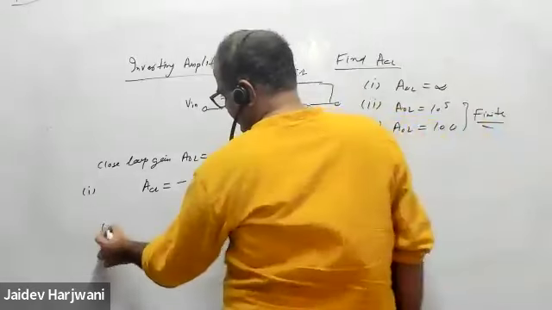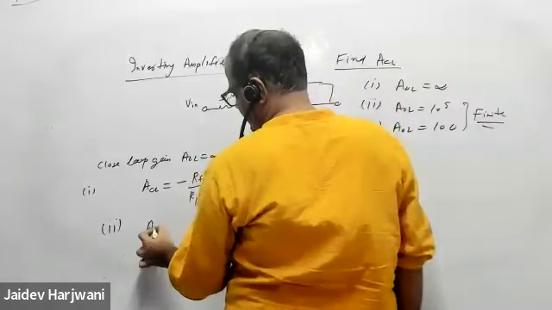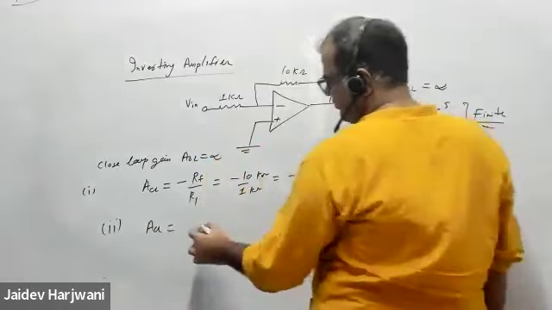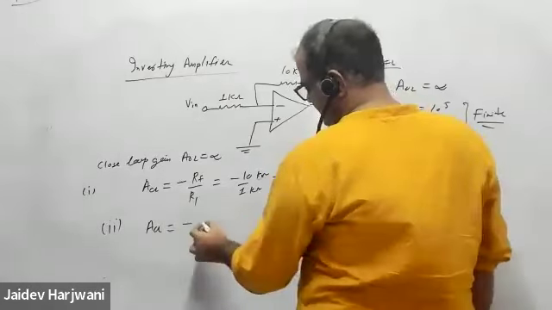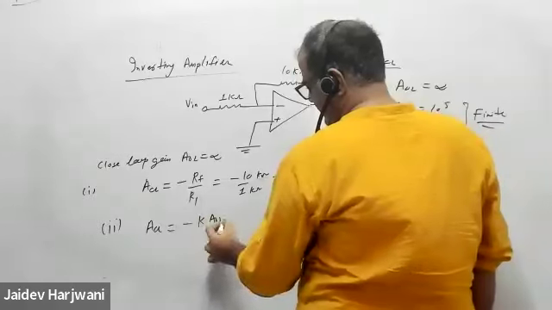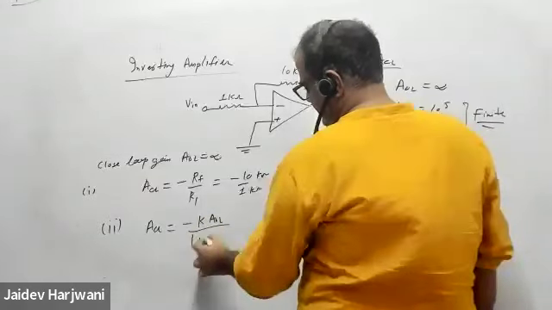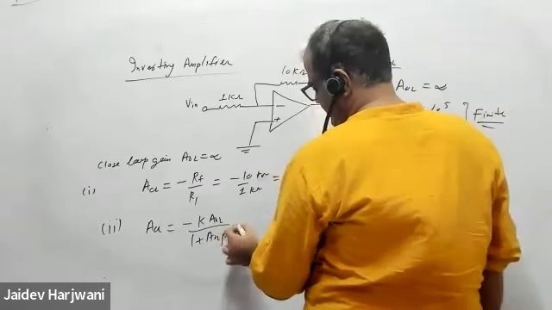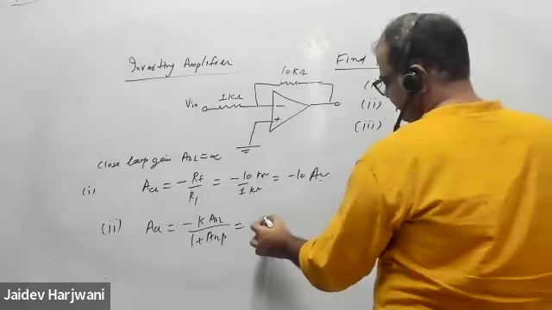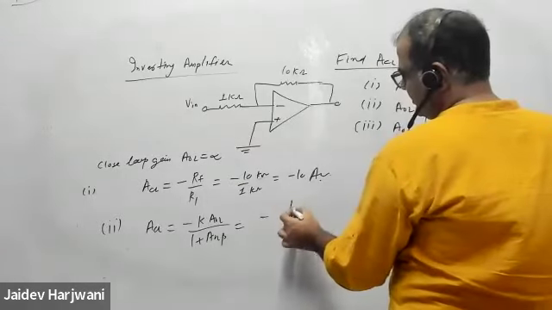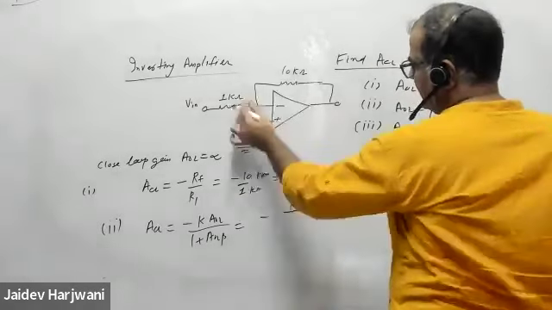Second case, the closed loop gain formula is minus K AOL upon 1 plus AOL beta. So minus K, which is RF, 10 upon 11.